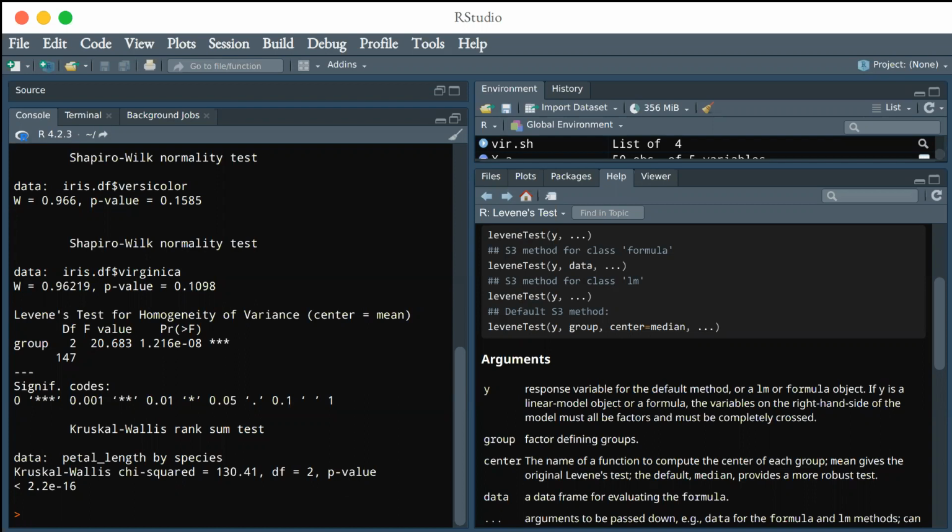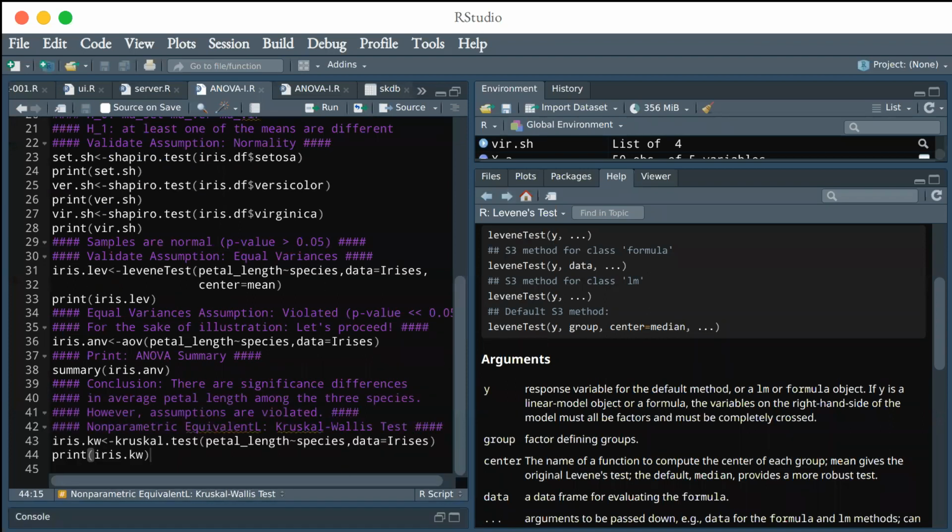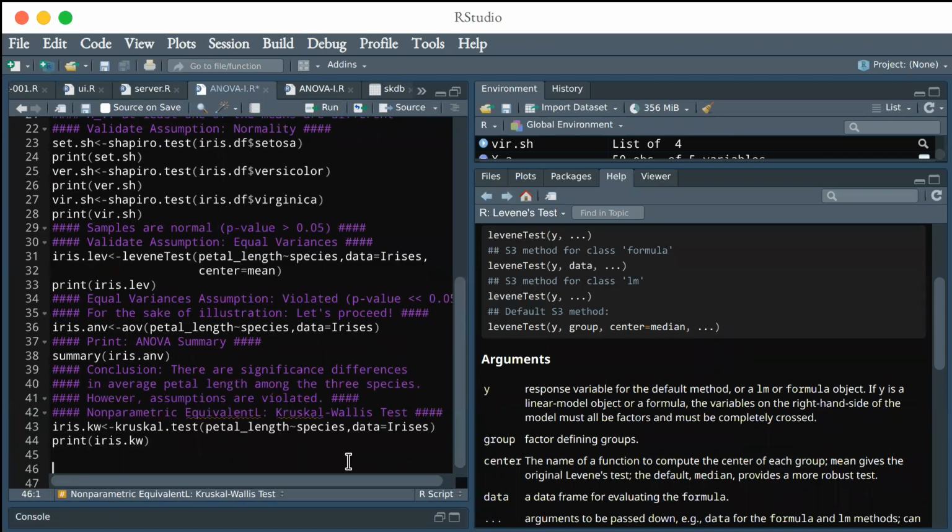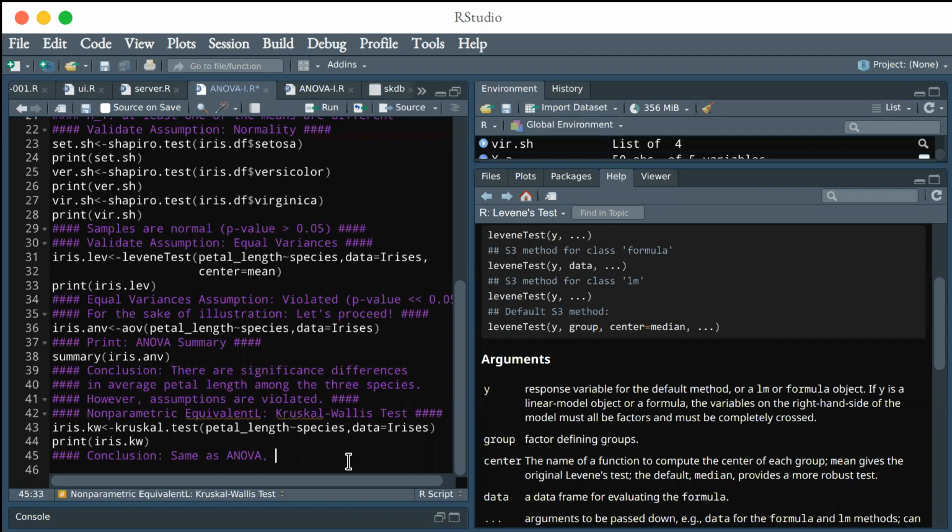So Kruskal-Wallis is doing the same thing, but is it using mean or median? Yeah, median. But in general, they'd simply say location parameter is different. So Kruskal-Wallis is giving the exact same conclusion, but in practice, which one is appropriate, ANOVA or Kruskal-Wallis? Kruskal-Wallis is appropriate.